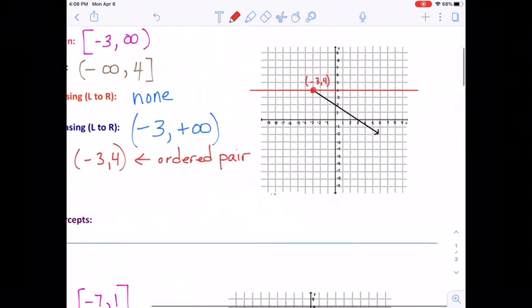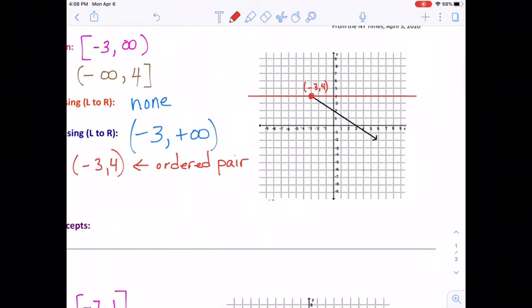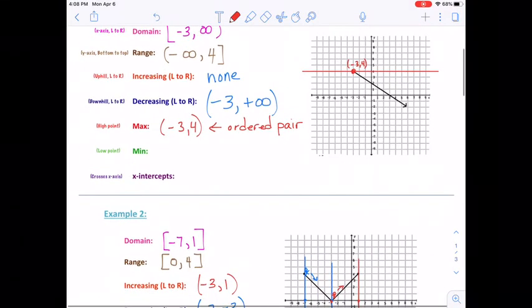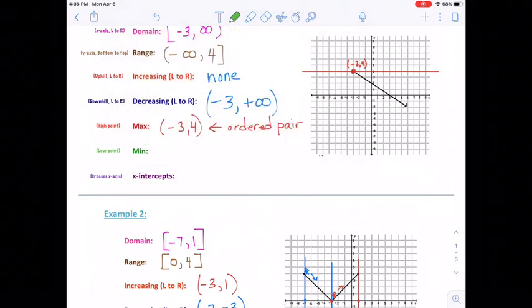Now the minimum point, because it keeps going down, down, down with that arrow, the minimum point is just going to be negative infinity. It never really reaches the bottom. It keeps going. So we're going to say infinity, infinity. X keeps going to the right towards infinity, and y keeps going down towards infinity.